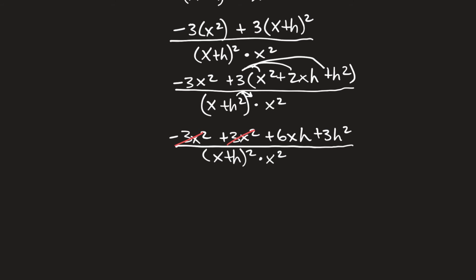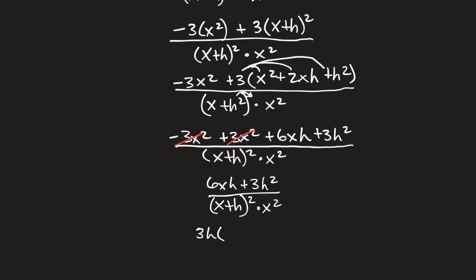And what are we left with? We're left with 6xh plus 3h squared all over (x plus h) squared, times x squared. Further, what we can do is we can factor out the 3 and the h, so 3h.